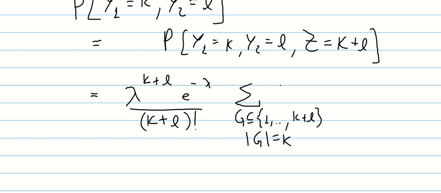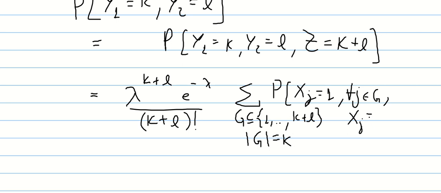So after we fix this, what we need is all the x_j equal to 1 for j in G, and all the x_j's equal to 2 for j not in G. And these x's are independent of z, so that's why the probability of z went outside.